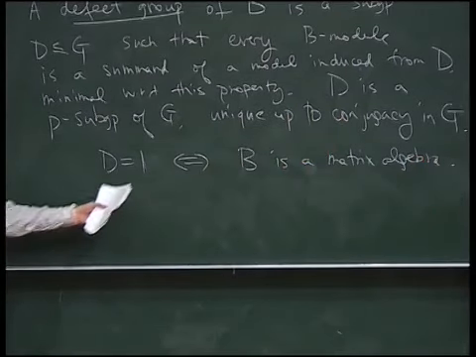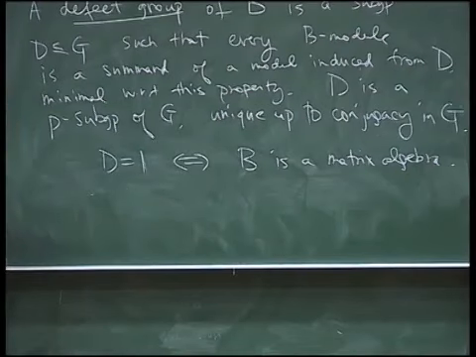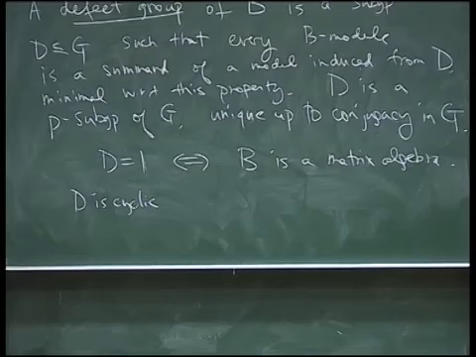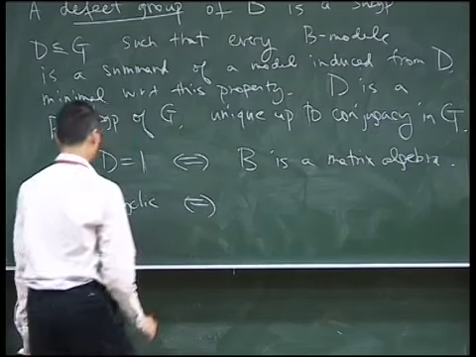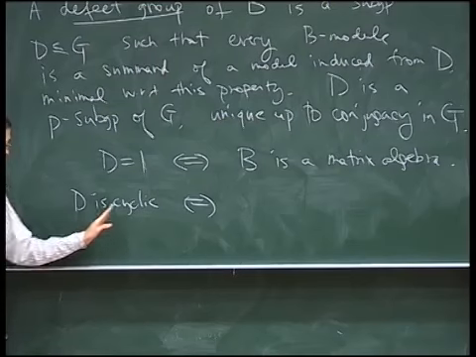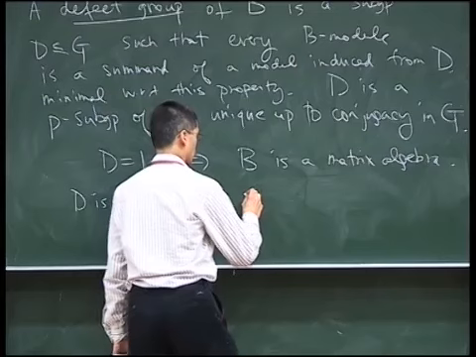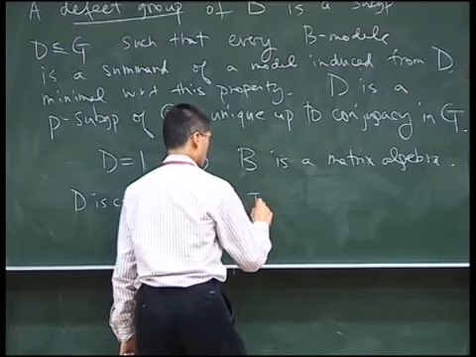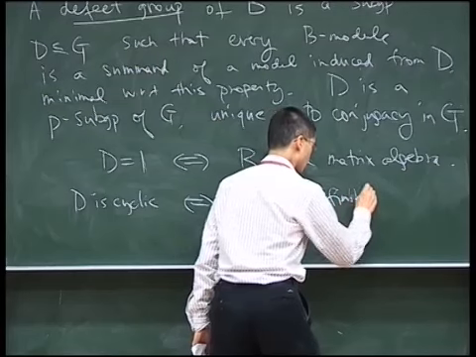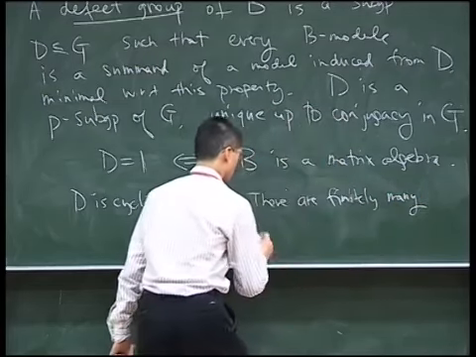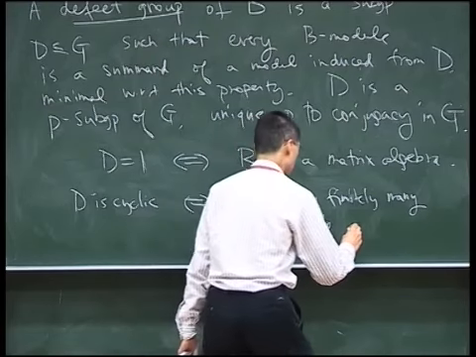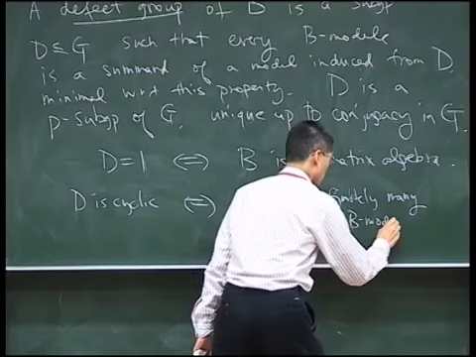The next case of interest is when D is a cyclic group, and here it's known that this is equivalent to saying that there are only finitely many indecomposable B-modules up to isomorphism.